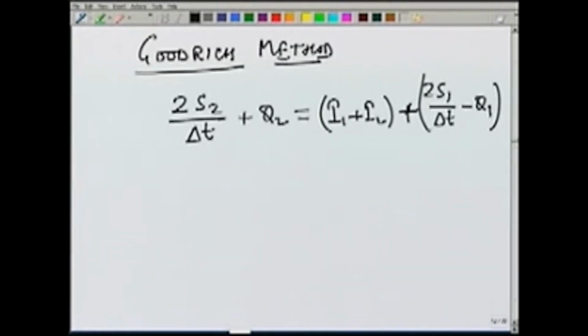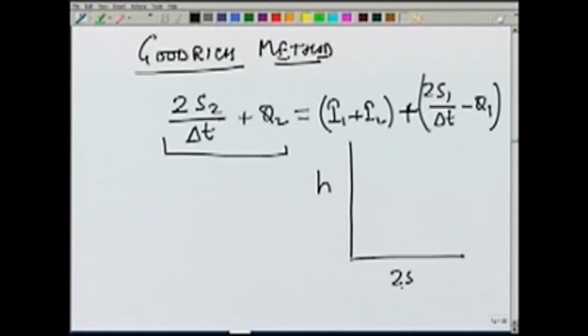It is almost same as the modified Pulse method, but a little bit different in the coefficients and the way we modify the equation. So, now we can see that if we plot this term with h, again we get a curve similar to this.